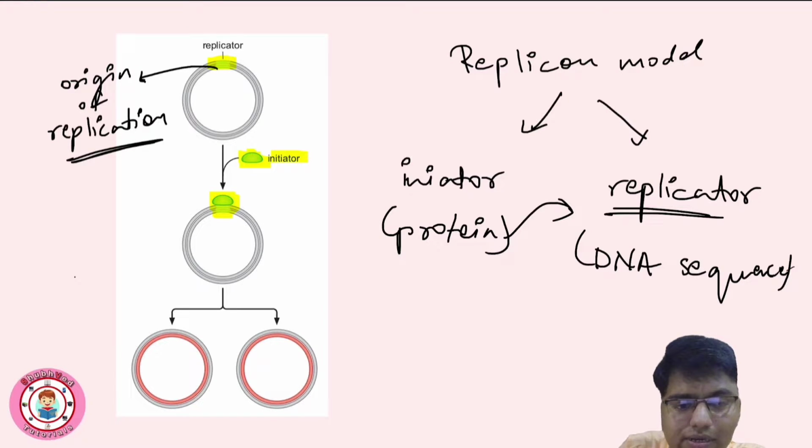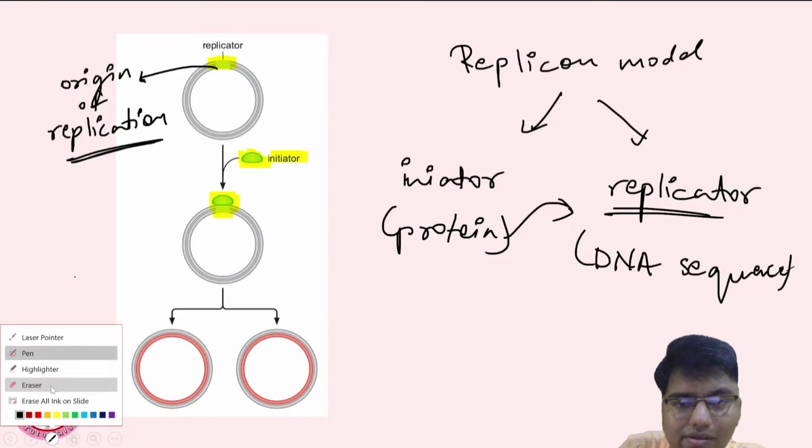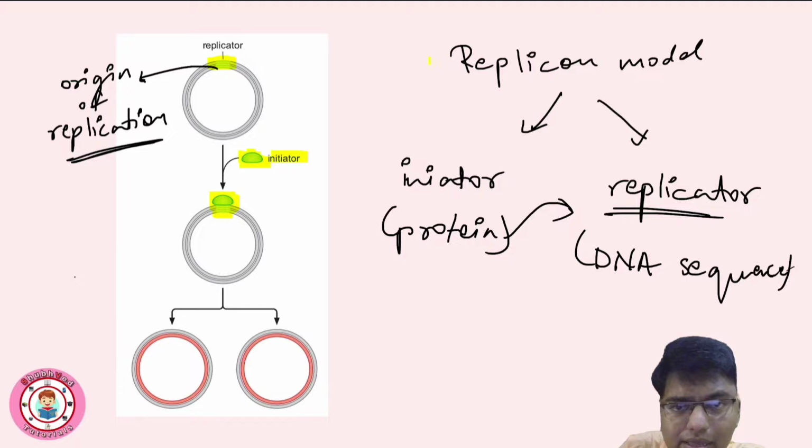So what is this replicon? In bacteria, the entire genome is replicated through a single origin of replication. That is a single site, so we can say a single replicon.